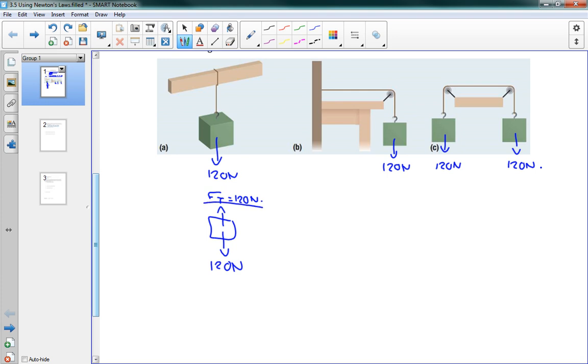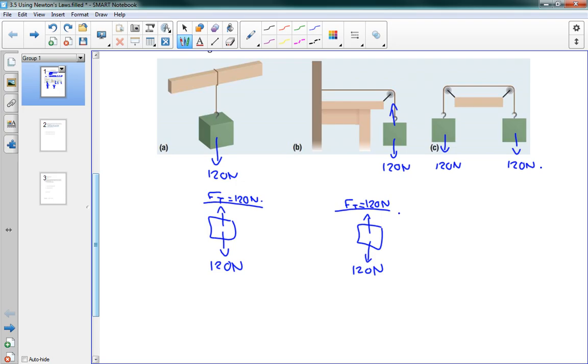It's not going anywhere. So that was pretty easy, I think. Now this second one, I'll draw the same guy here, 120 newtons pulling it down. Only the rope is pulling it up. You can see just the rope is pulling it up. So again, our tension is 120 newtons.